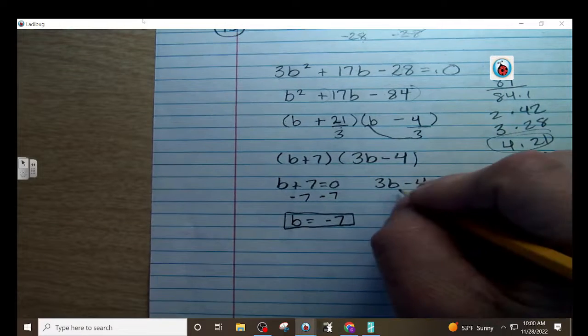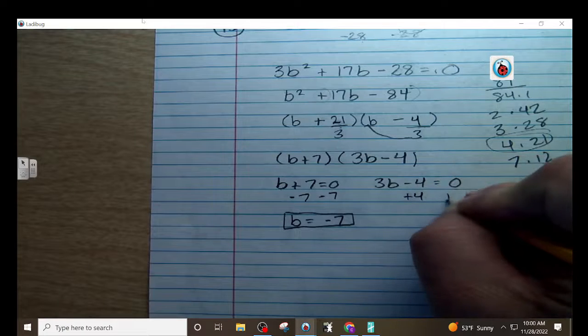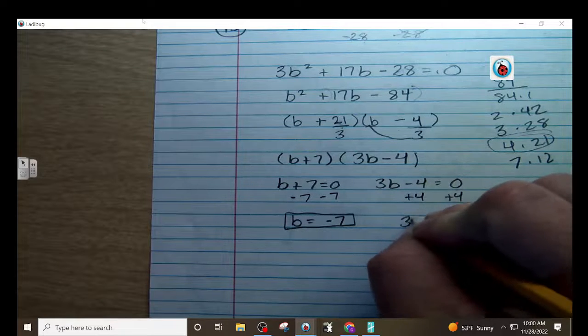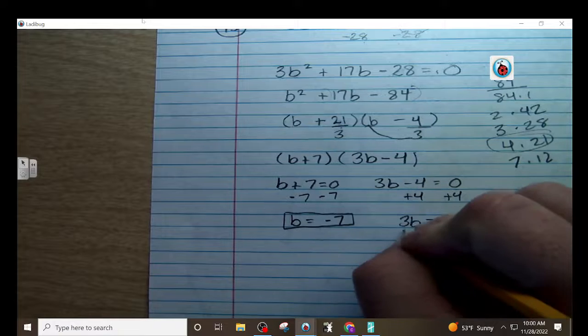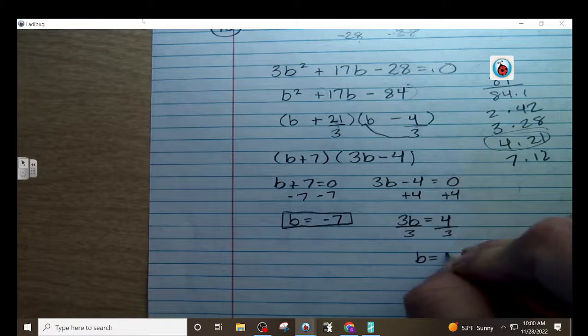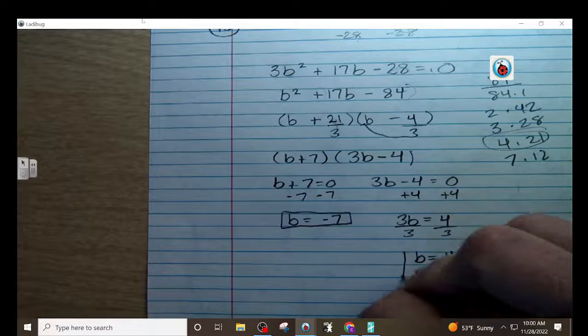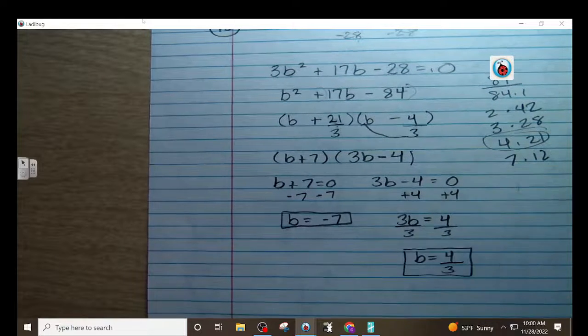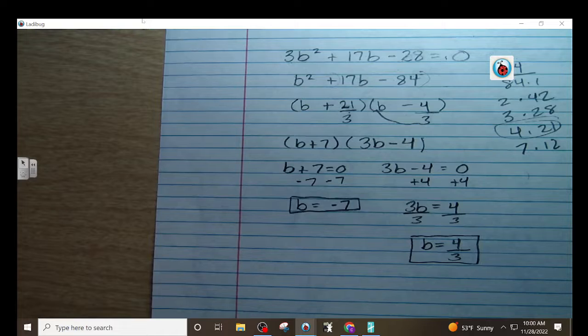All right, and then this one I'm going to add 4. So b equals 4/3.